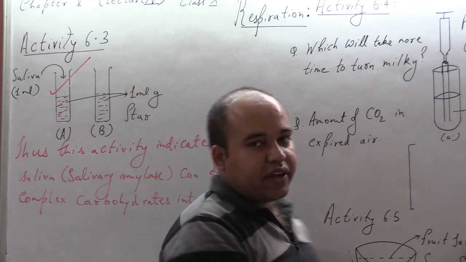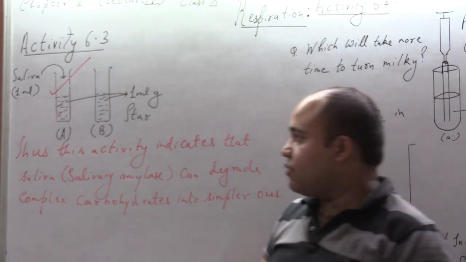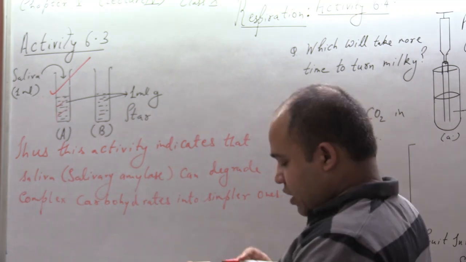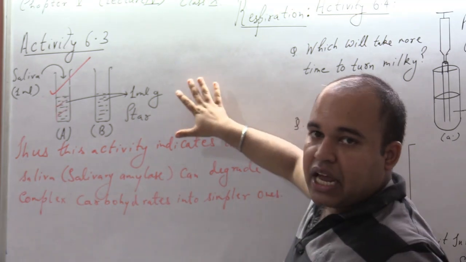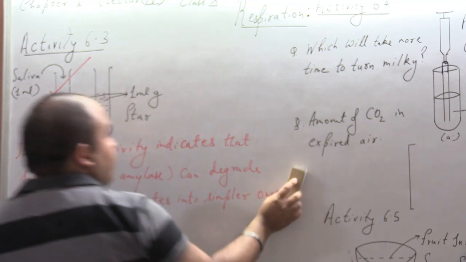It is the one that would be converting the complex carbohydrates into the simpler ones. So this is about activity 6.3.